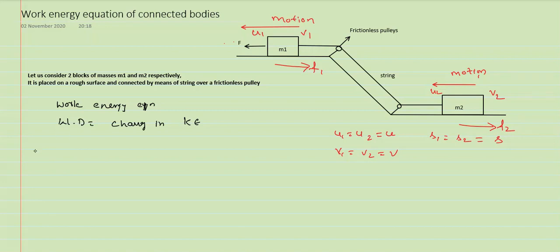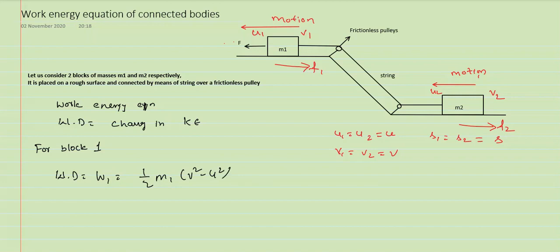So for block 1, the work done W1 is equal to half M1 (V square minus U square).